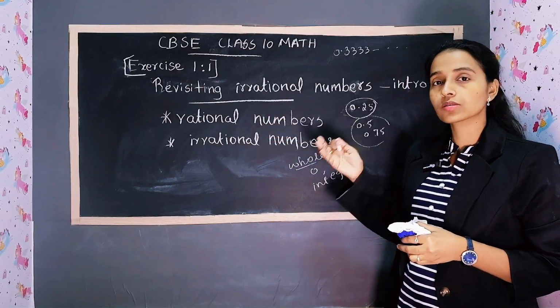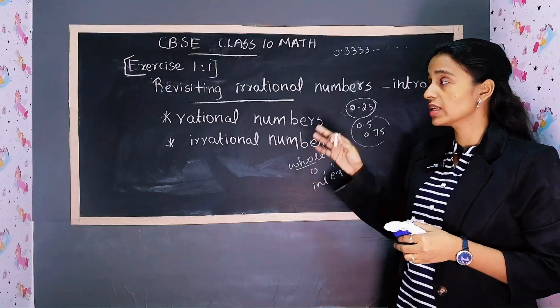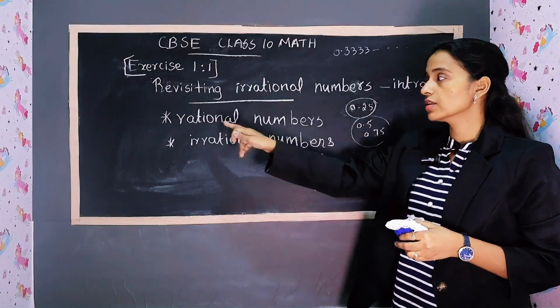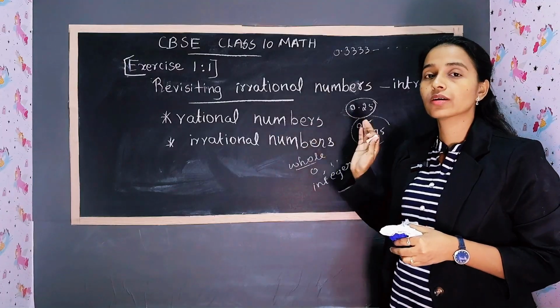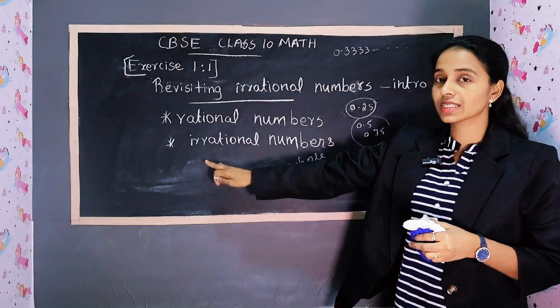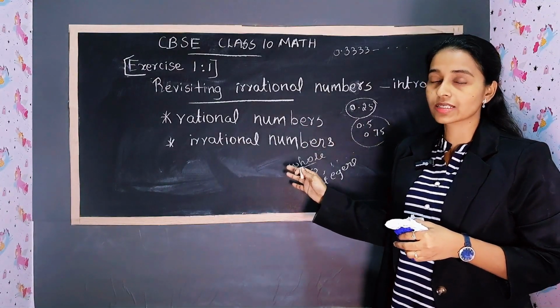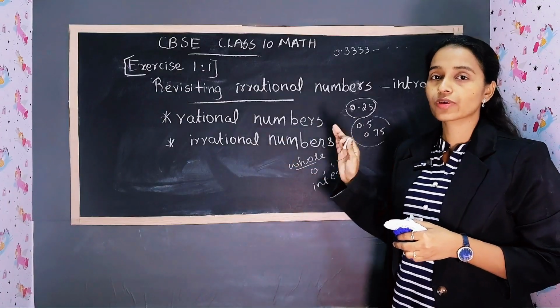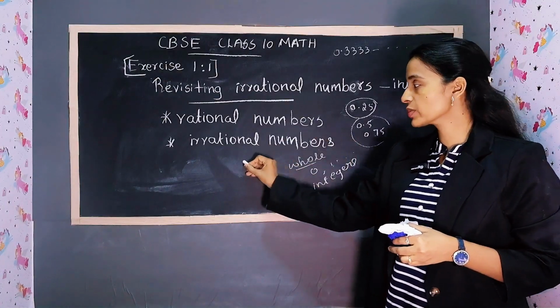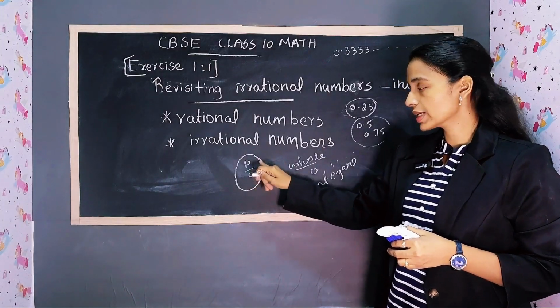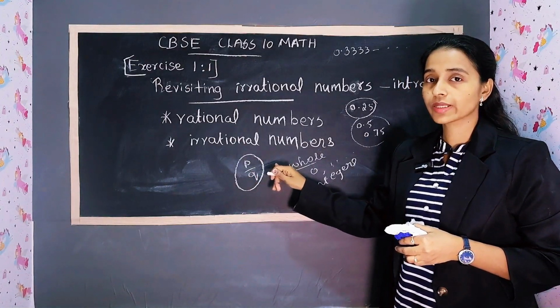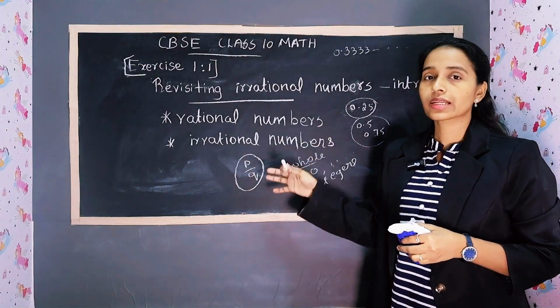You have to know what is a rational number and an irrational number. The main thing is, a rational number we can write in the form of a fraction, but an irrational number we cannot write in the form of a fraction. What is a fraction? Fraction means one numerator will be there, one denominator will be there. You can take any letter.